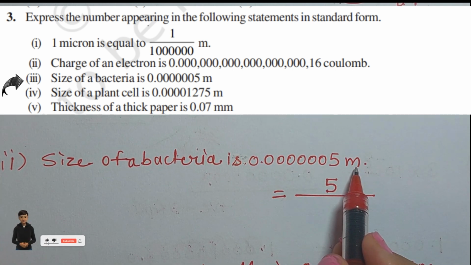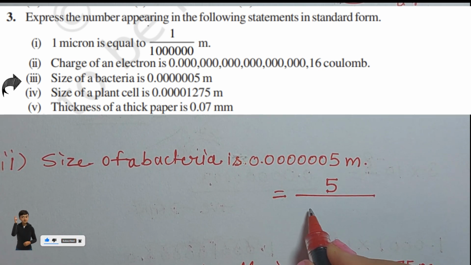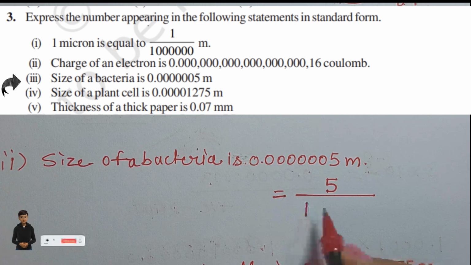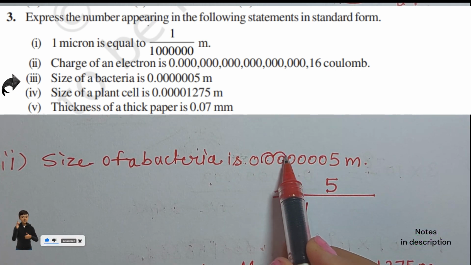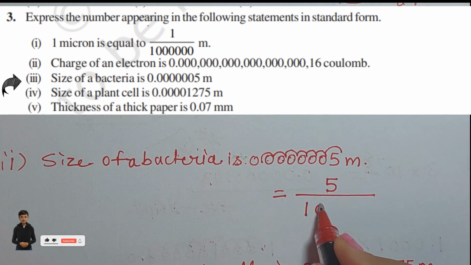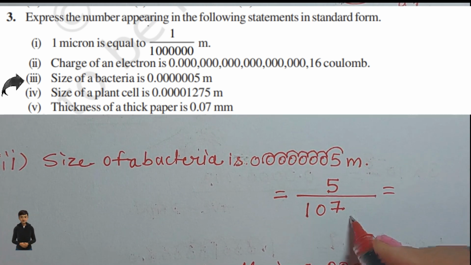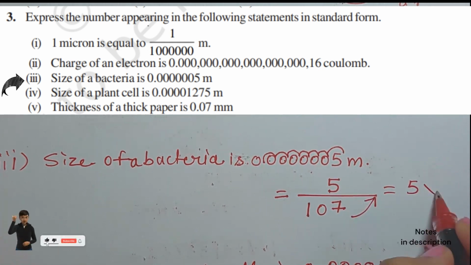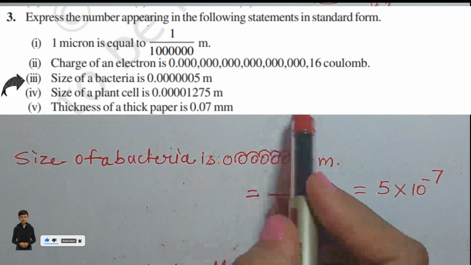And if we shift this side, then it will come 5 upon how many zeros? Count this 1, 2, 3. Shift this 1, 2, 3, 4, 5, 6, 7. So 10 raised to the power 5 upon 10 raised to the power 7. Then when it comes up, it will become 5 into 10 raised to the power minus 7, like we did in this question.